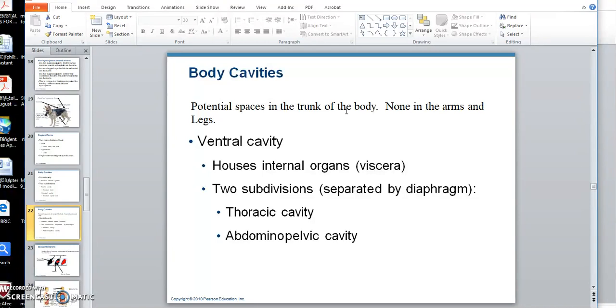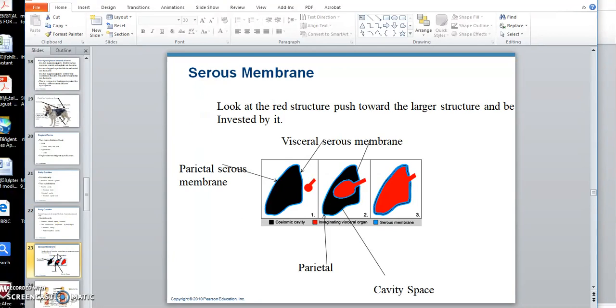So I say that a body cavity is a potential space, not normally open, but can easily be opened without trauma to either surface. Okay. In order to understand that piece of paper that I talked about that's stuck to the table, I want to go to what we call the serous membranes.